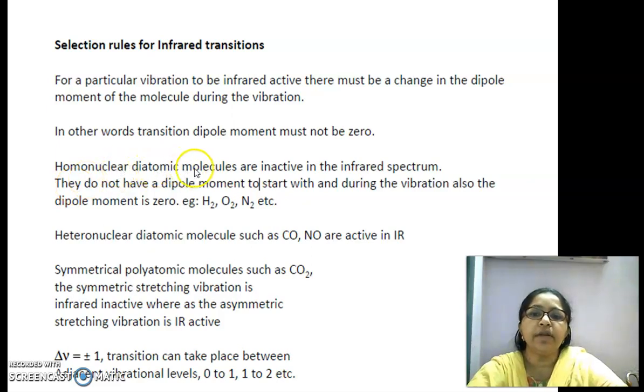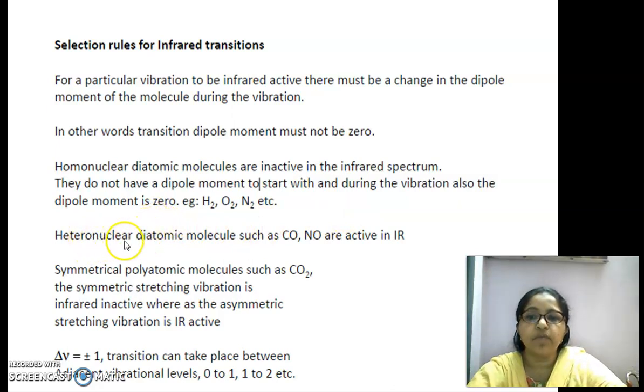Homonuclear diatomic molecules are inactive in infrared because they do not have a dipole moment to start with, and during the vibration also the dipole moment is zero. For example H2, O2 and N2 have no dipole moment in the beginning, and during the vibration also there is no change in dipole moment.